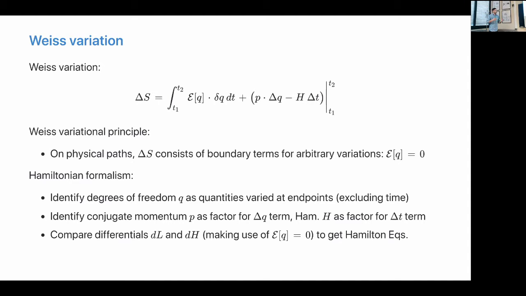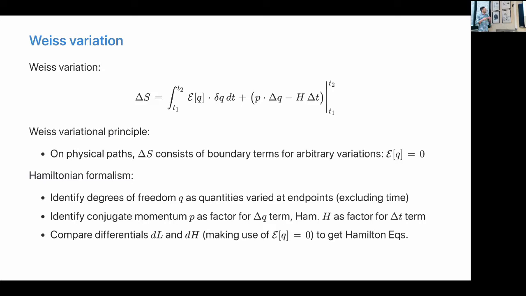The statement is that on physical paths, the variation of the action should consist only of boundary or endpoint contributions for arbitrary variations. The consequence of that is that for arbitrary variations, Q must lie in the kernel of this Euler-Lagrange operator.